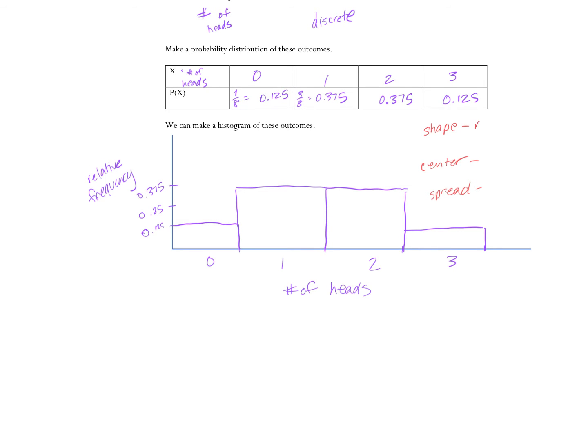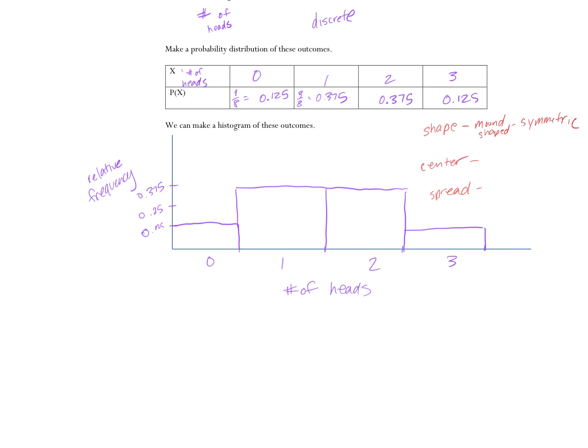Mound-shaped. There's another really key idea that I would put into this. Not just is it mound-shaped, symmetric. Are you guys comfortable with mound-shaped and symmetric? If you wanted to call it unimodal and symmetric, that would be great.